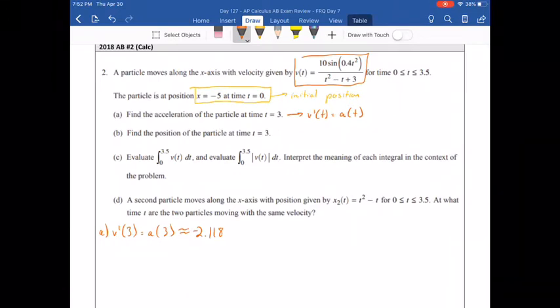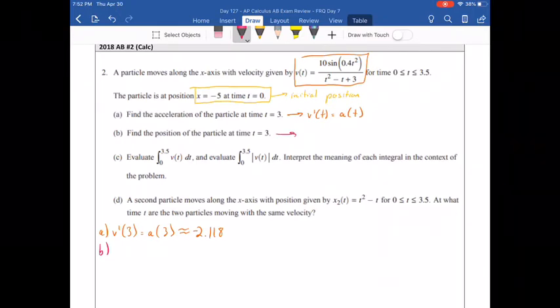So now B. B asks us to find the position of the particle at time t is equal to 3. Well, the derivative of velocity is acceleration.